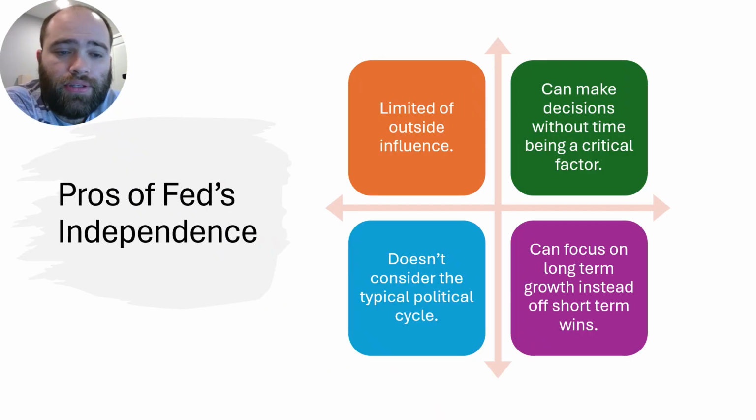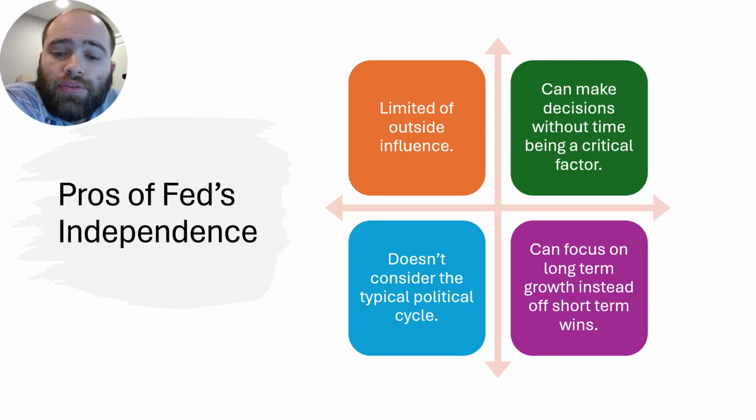Some pros of the Fed's independence is its limited outside influence. Helps eliminate some of that bias that could come in from outside sources, such as the President of the United States. They can make decisions without time being a critical factor, 14 years, and they can think in long term and not necessarily have to worry about the short term.